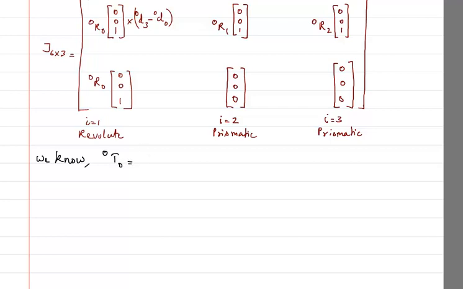So I will just straight away write, we know 0r0 is always going to be the identity matrix. Therefore if I multiply 0r0, the identity matrix, with 0 0 1, basically I will get only one answer, and that is 0 0 1.